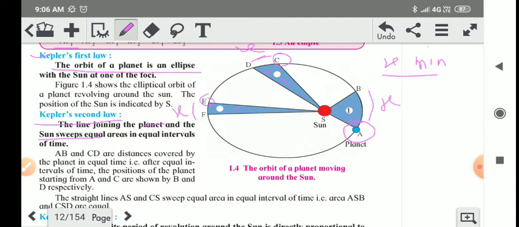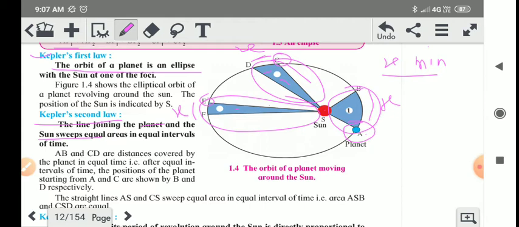This area ASB is equal to area CSD and it is equal to ESF. So all these three areas are equal in the same interval of time.